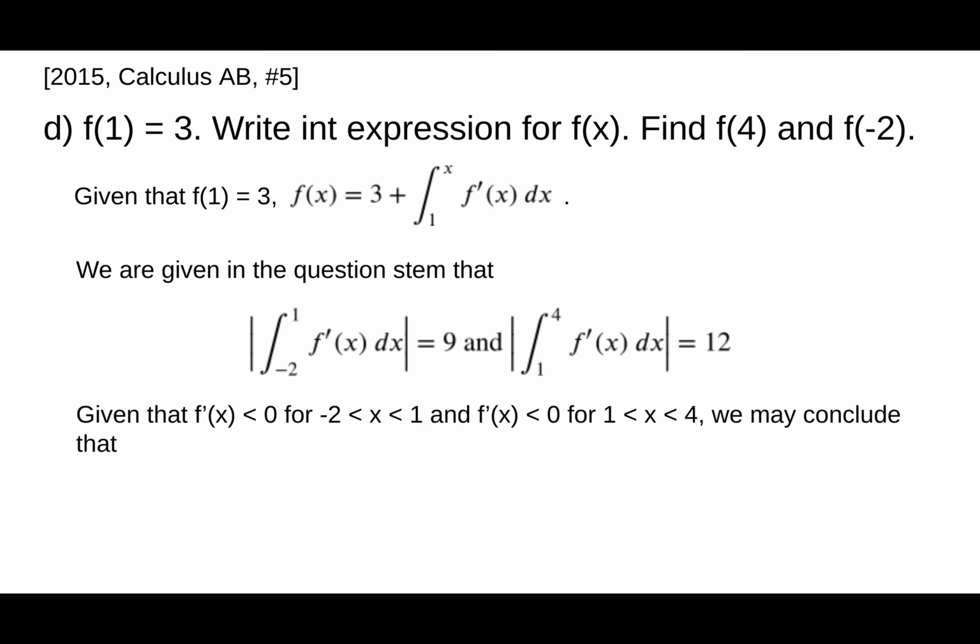All right, based on the graph provided, the derivative of f is negative for all x between -2 and 1. It's also negative for all x between 1 and 4. So we may conclude based on this that those integrals, the integral from -2 to 1 of f prime of x dx, is actually -9, and the integral from 1 to 4 of f prime of x dx is actually -12.